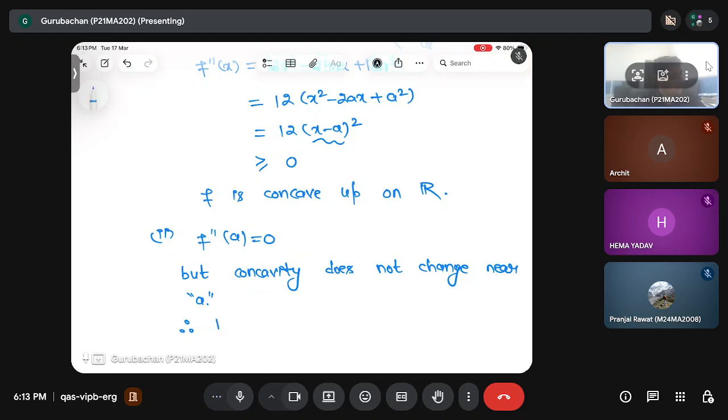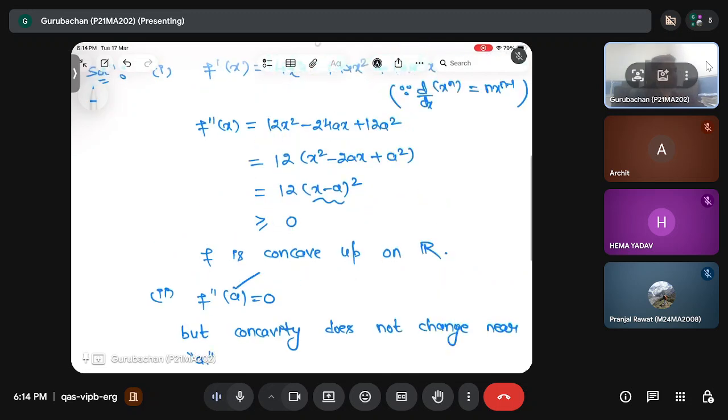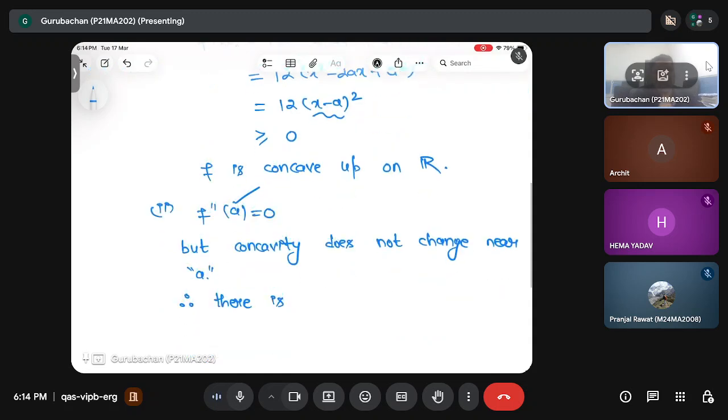Therefore, there is only one possible candidate for an inflection point, that is this a, because otherwise our double derivative is strictly greater than 0. Except at a, our double derivative is strictly greater than 0. Thus the inflection point candidate is only x equal to a.